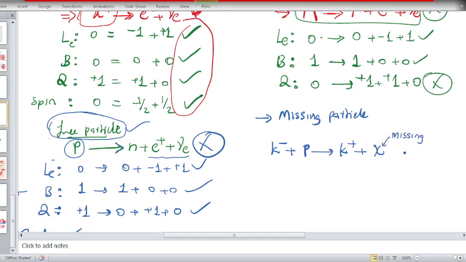We have to find out which one is the missing particle, given that this particular interaction is possible or probable.